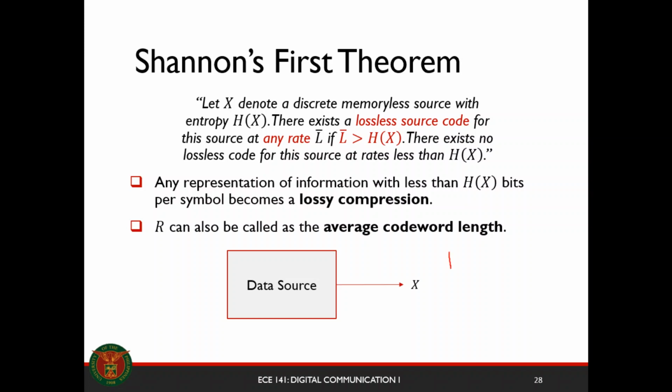MP4 or MPEG-4 is an example of a lossy compression. If you try to compress your video data, it becomes more blurry, more pixelated because it's a lossy compression.